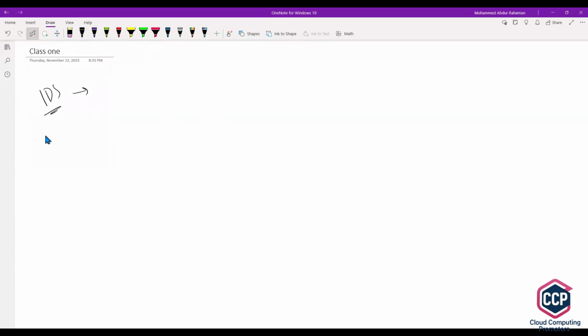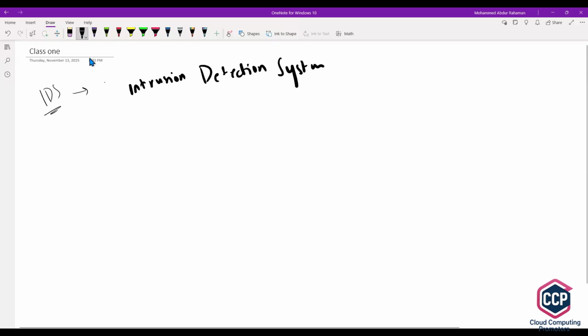The abbreviation is intrusion detection system. What happens in an intrusion detection system? We'll have an example. This is your laptop, and this could be one more laptop.